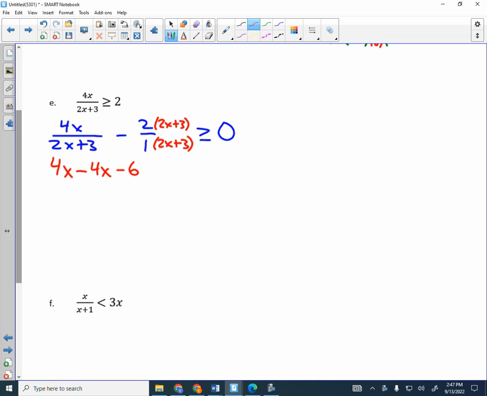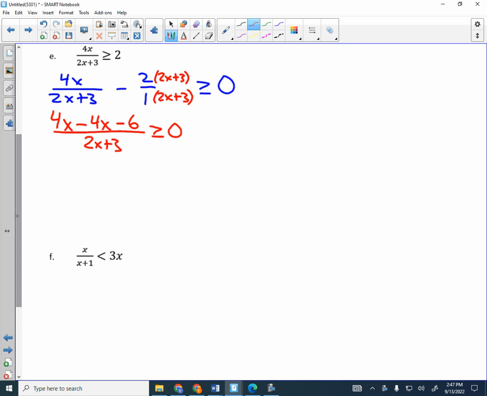Minus 6, all over 2x plus 3, greater than or equal to 0. Does that simplify? What do we get? Just -6 over 2x plus 3 is greater than or equal to 0.